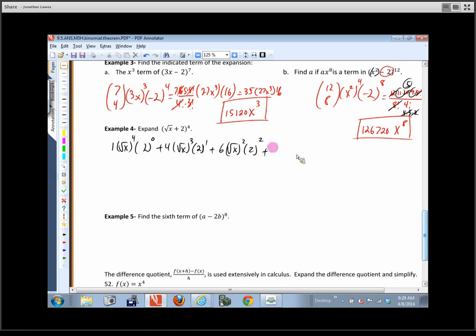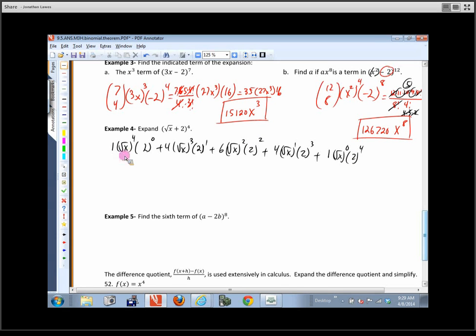Going back down that palindrome there, 4, square root x to the first, 2 to the third. Finish off with technically a 1, technically a square root x to the 0, and a 2 to the fourth. Okay, this would be the structure using the coefficients that come from Pascal's triangle. Now we run through and we write them down as simply as we possibly can.